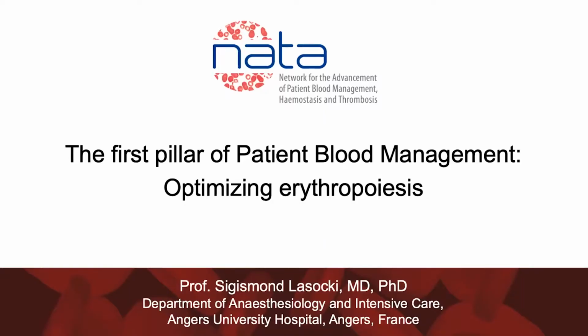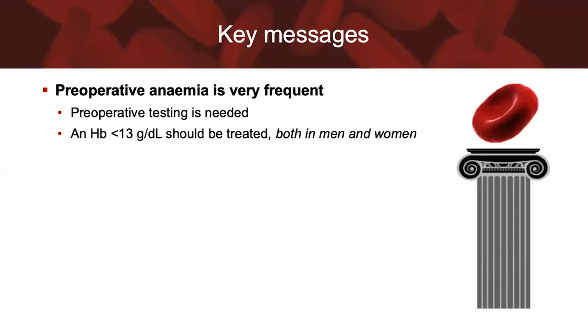It is my pleasure to do this course on patient blood management about the first pillar, which is optimizing erythropoiesis. The key messages of this course are that preoperative anemia is very frequent, and that you should test surgical patients before surgery to find this anemia.